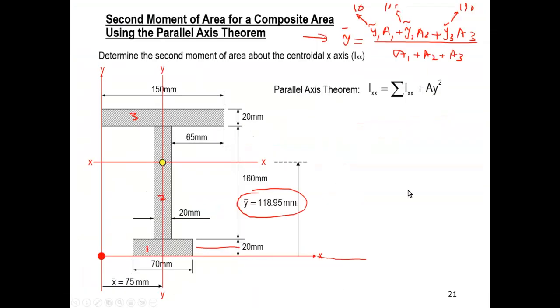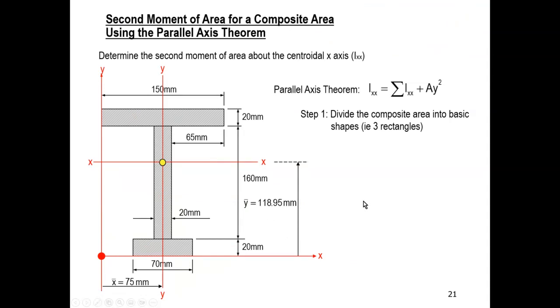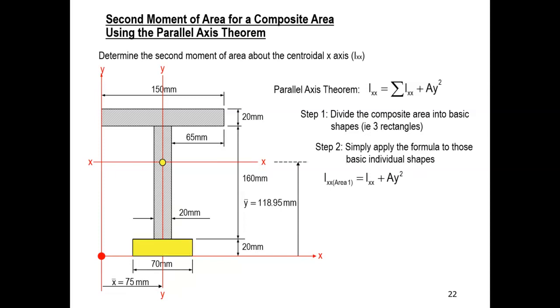So let's get back to the solution we had. So it should be now very easy to understand. So that is the formula. We start with the area of 1. This is the area of 1, highlighted in yellow. So what is the standard value? This is the standard value. You get them from the table. That is 1 over 12 BH cubed.